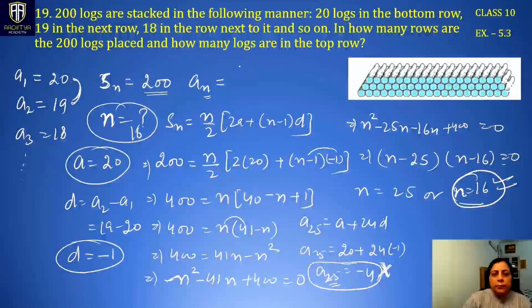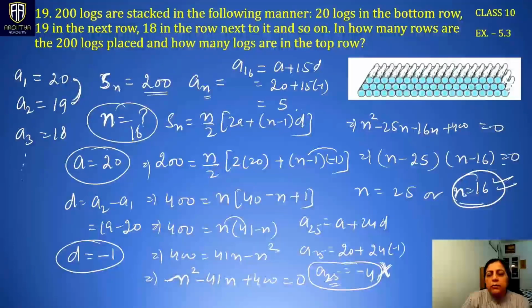And the number of logs in the 16th row will be A16. So we have a plus 15d. A is 20 plus 15 into minus 1. So we have 20 minus 15, that is 5, right? So A16 is 5. The number of logs in the 16th row will be 5.